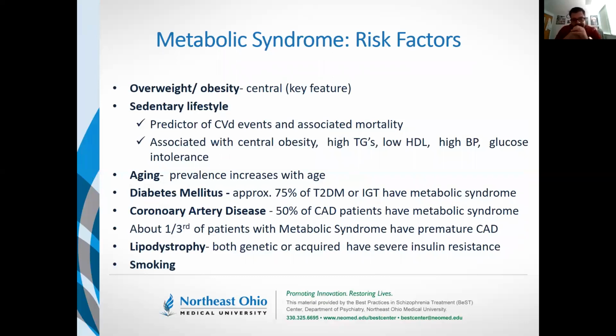Obviously, diabetes mellitus, approximately 75% of type 2 diabetes mellitus or impaired glucose tolerance patients have metabolic syndrome. Coronary artery disease, aka heart disease, so 50% of heart disease patients have metabolic syndrome, and about 1/3 of those patients have premature heart disease. Lipodystrophy, both genetic or acquired, have severe insulin resistance, and smoking.